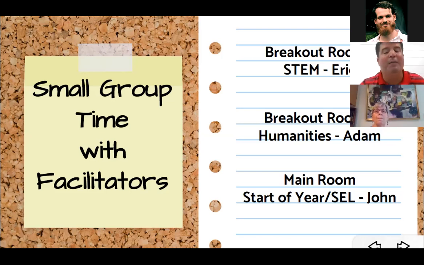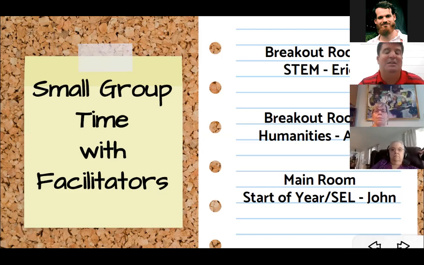If you hover over your picture, you're going to see 3 dots on the top right-hand corner. You're going to click those 3 dots, and one of the options is going to be to rename. So if you want to be with STEM teachers in breakout room 1, you're going to rename yourself to STEM, so that way I can add you to that breakout room.